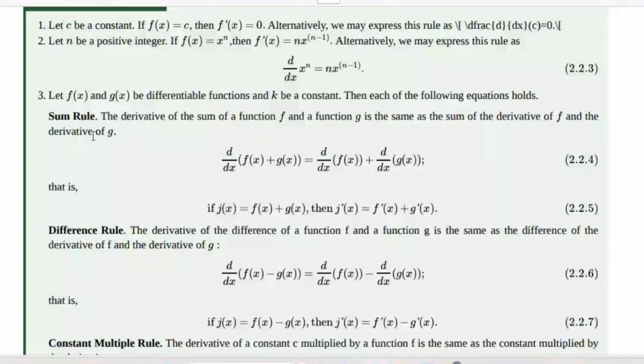In other words, the derivative of f of x plus g of x is the derivative of f of x plus the derivative of g of x. If this function is j of x, then the first derivative of j is the derivative of f of x plus the derivative of g of x. Any question on number 2?